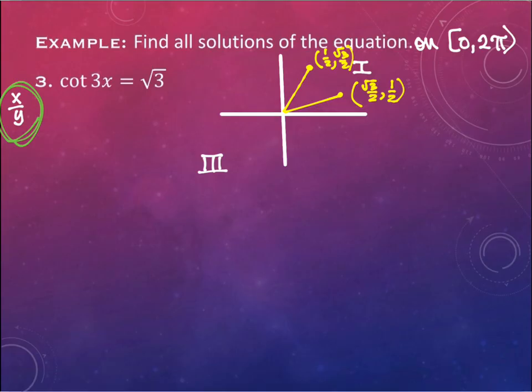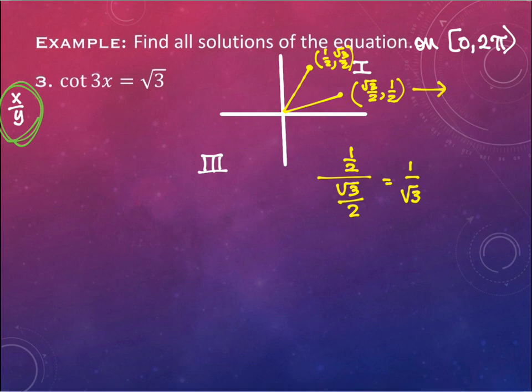Okay, let's try it. So if I divide x, which is 1/2, divided by square root of 3 over 2, am I going to get square root of 3? Yeah, this is going to give me 1 over square root of 3, right? Everybody okay with that?